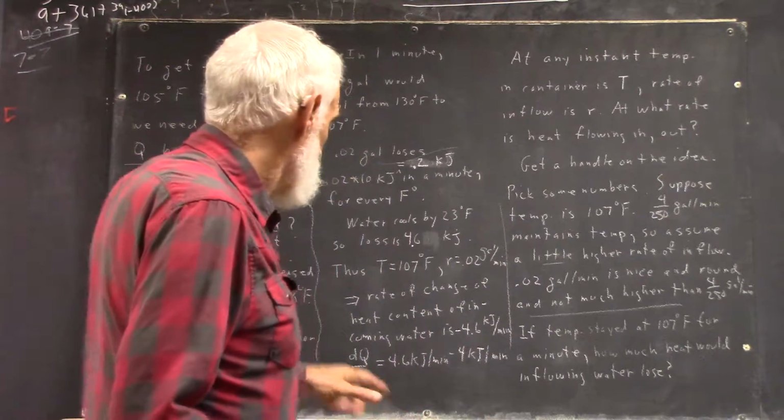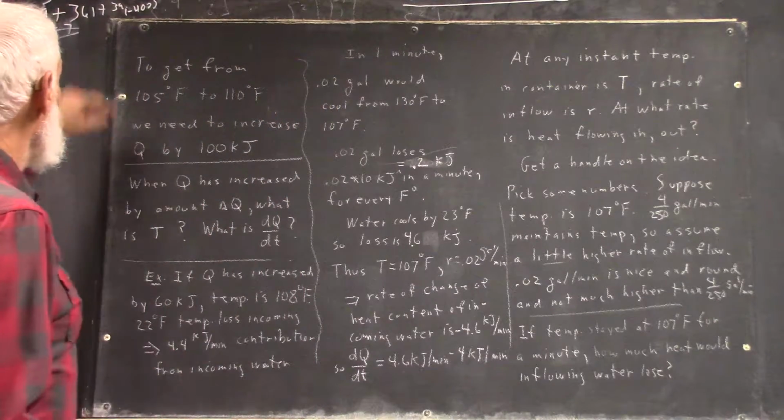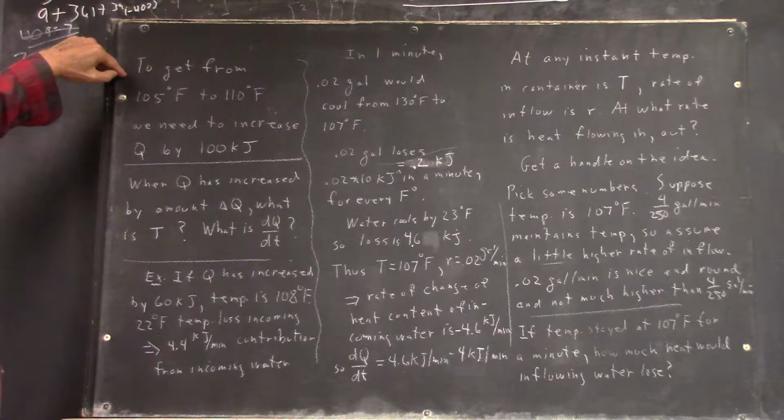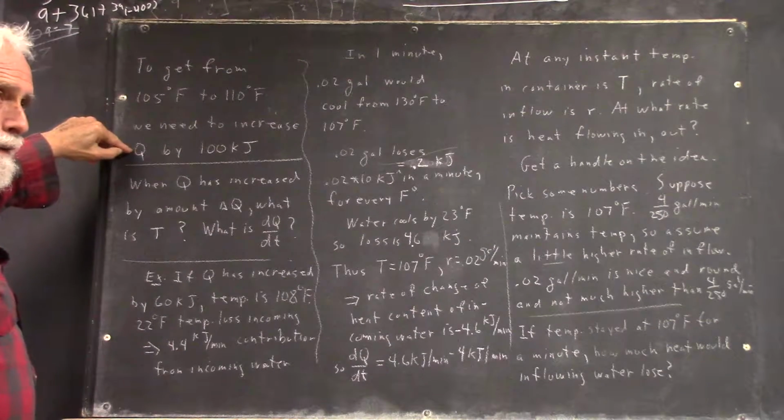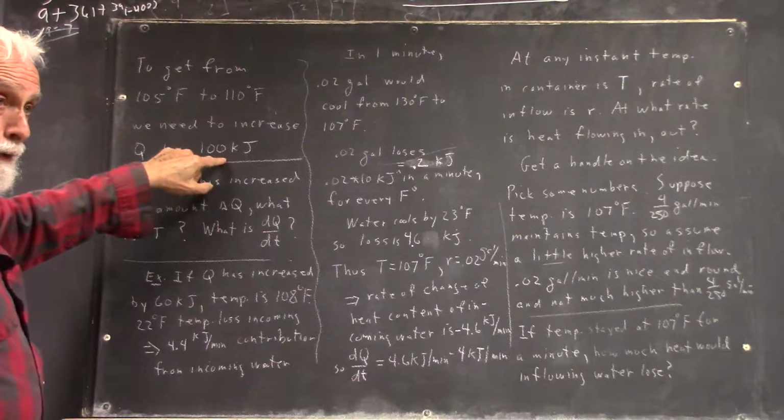Okay? So, we have this. Now, to get from 105 to 110, we need to increase Q by 100 kilojoules.